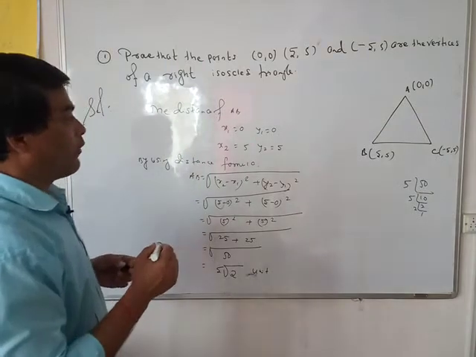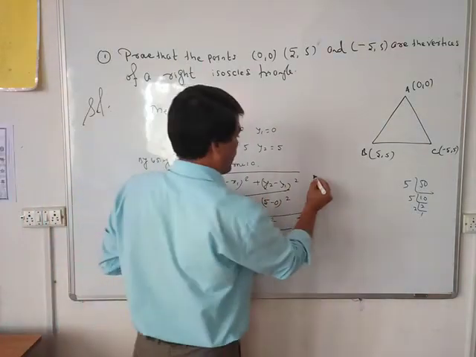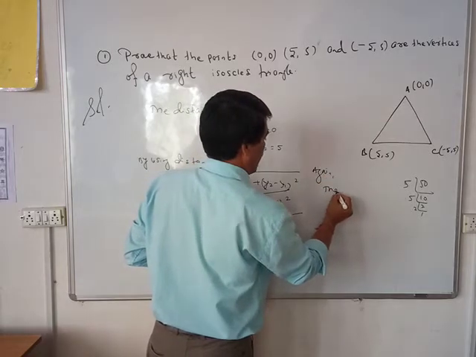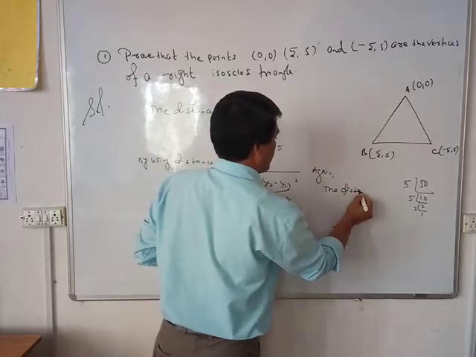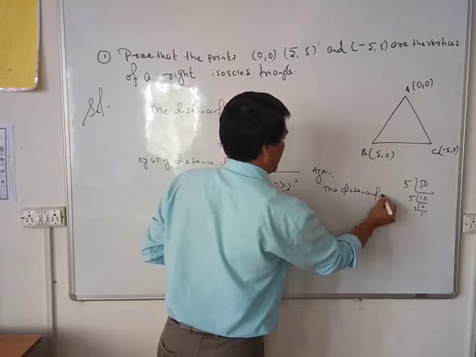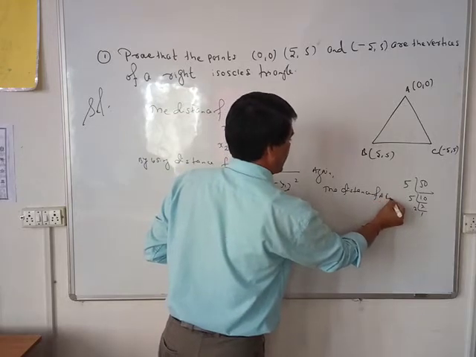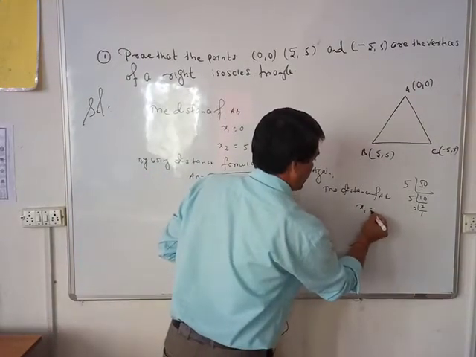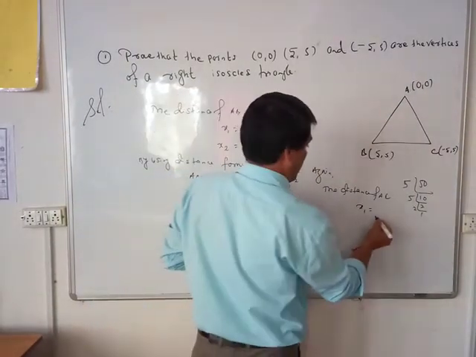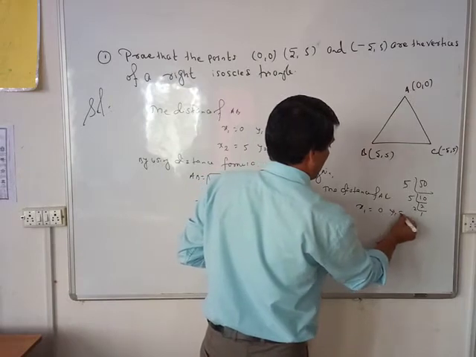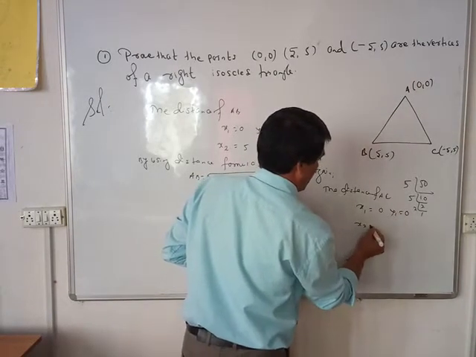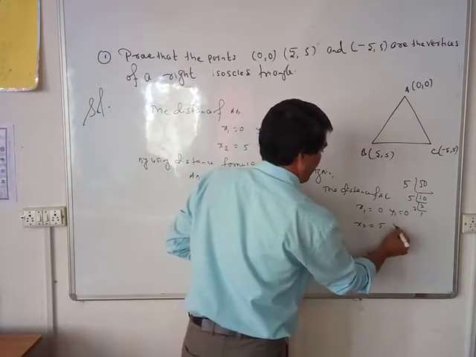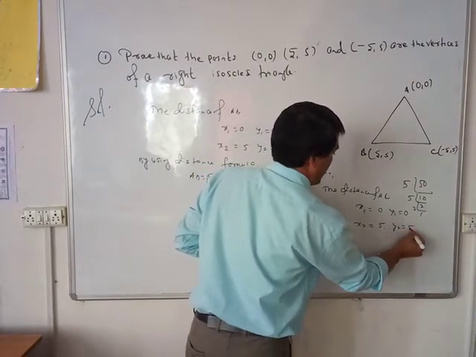And again we have to find the distance of AC. In the coordinate of A, x1 is 0 and y1 is also 0. The value of C, that is x2, is minus 5 and y2 is 5.